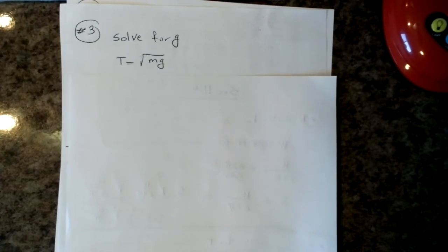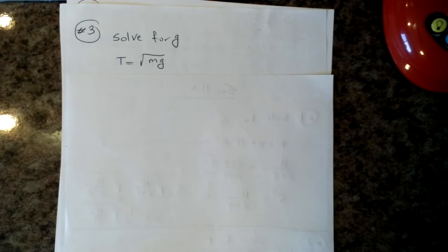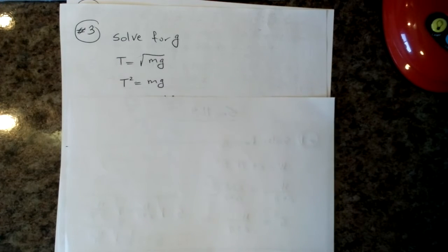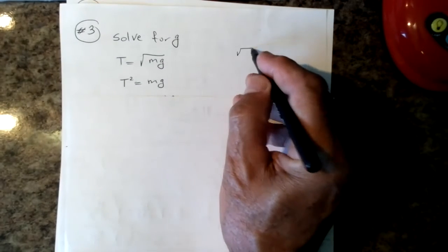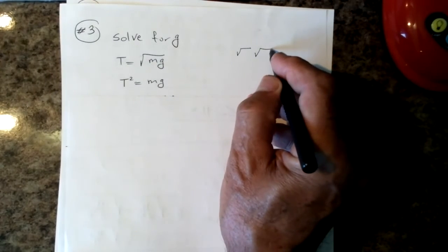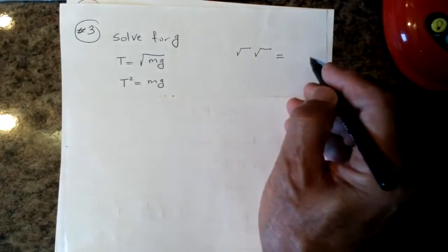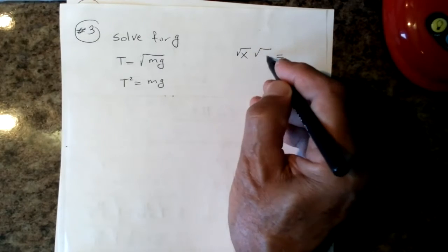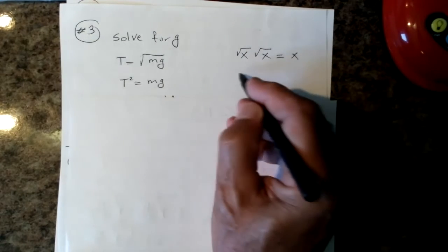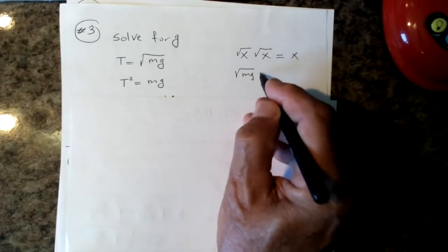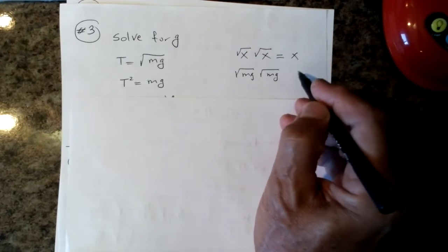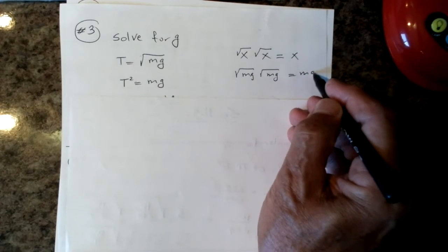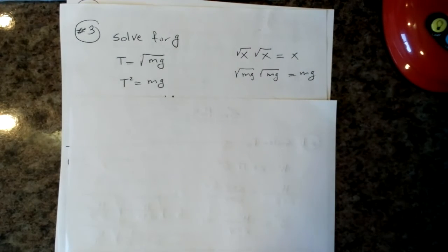Solve for g. So first, we square both sides. You understand when you square both sides, the radical is removed, because radical x times radical x is x. Radical mg times radical mg is mg. So we do that first.